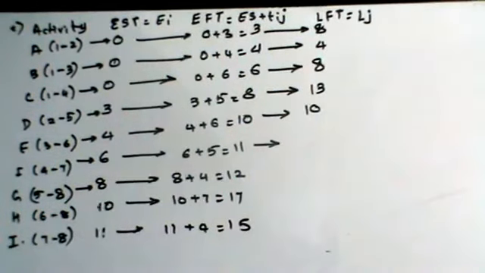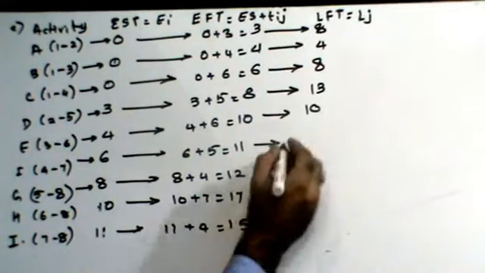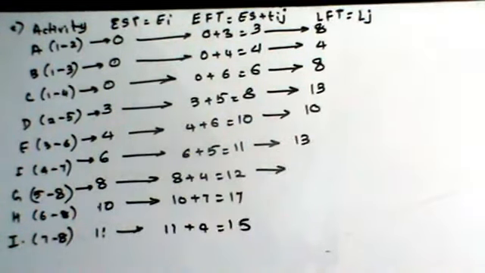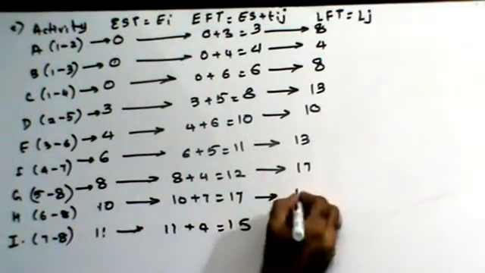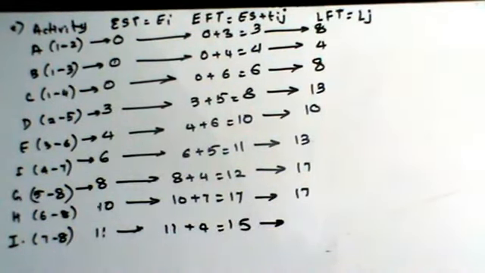For activity F, 13. For activity G, the latest finish time is going to be 17. For H, also 17. For I, also 17. So that's my latest finish time.